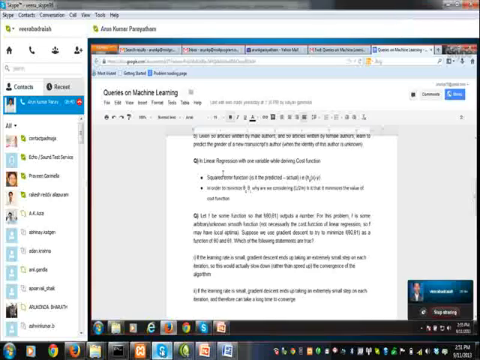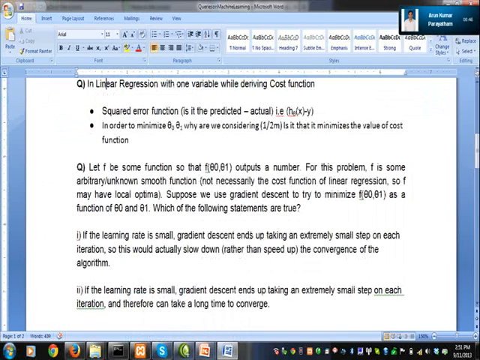So in order to minimize theta naught, theta 1, why are we considering 1 by 2n? Is it that it minimizes the value of the cost function? Somewhere mentioned in the video, the 1 by 2 does not have much meaning here.